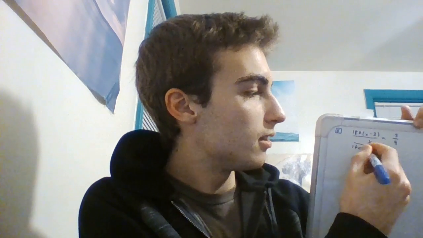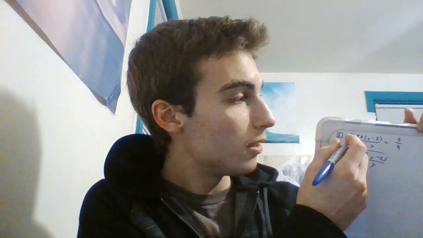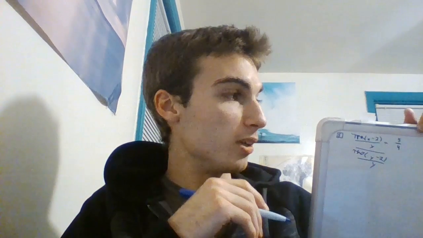And for the n-gon angles, that would be 180 times y, let's say, minus 2, all over y. Alright, so we have a 180 over 180, so we can cross those out, that'll be 1.